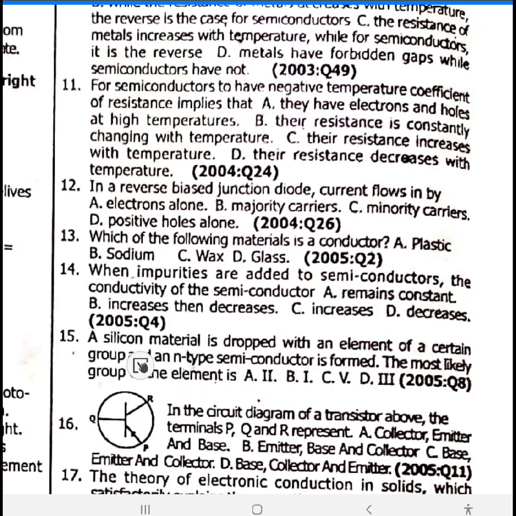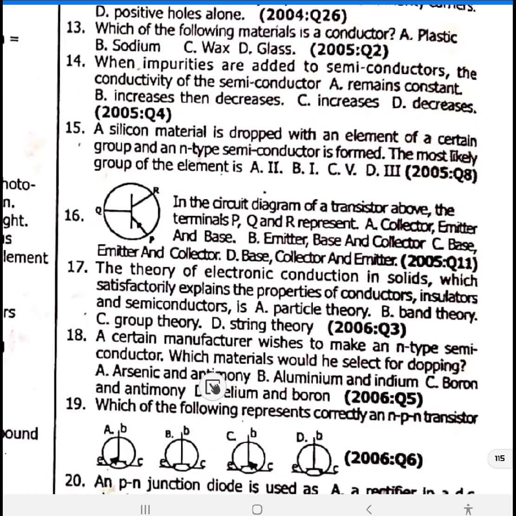Remember, if you dope silicon with an element from group 5, you get an n-type semiconductor. So number 15 is option C.